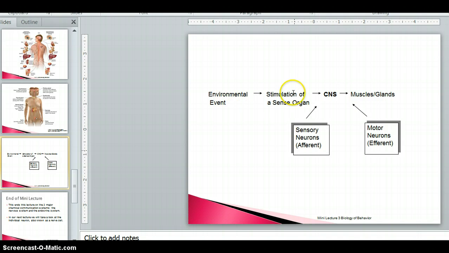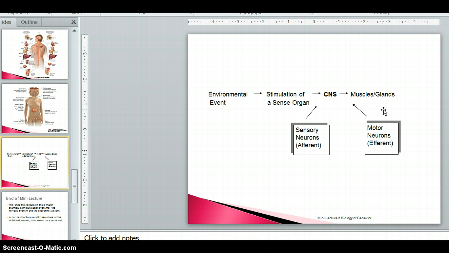So the information enters our body through one of the sense organs. The sense organs then, by way of the sensory neurons, sometimes also referred to as afferent neurons, send that information to the central nervous system, again, brain and spinal cord, to be processed, and then the central nervous system sends that information along the neurons, taking the information to the muscles and glands to produce the behaviors that we are talking about.